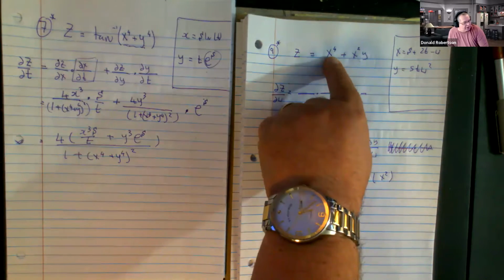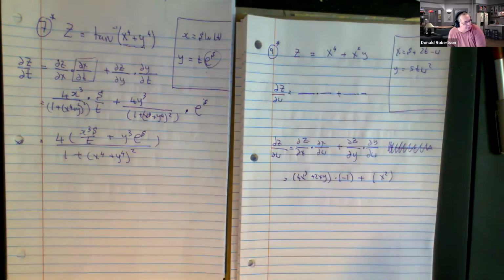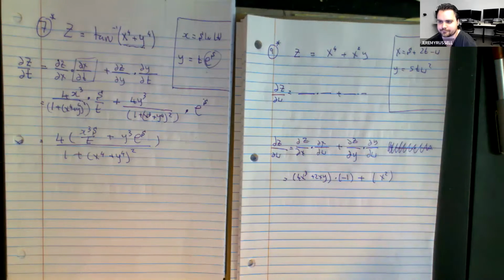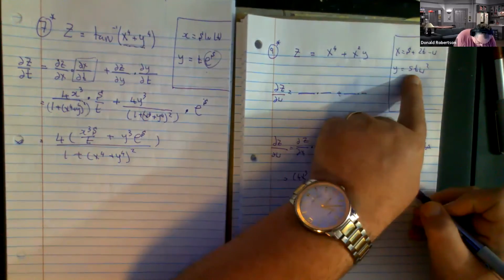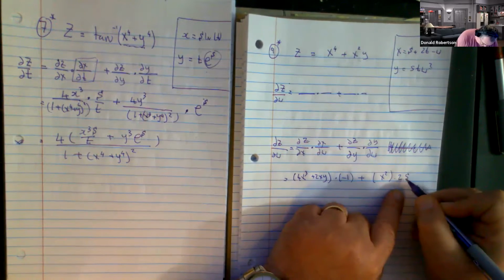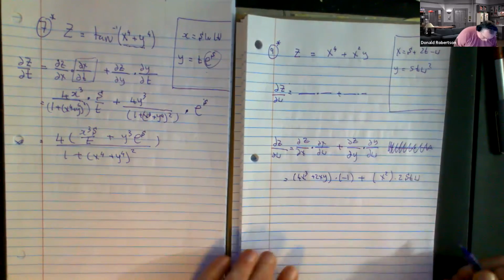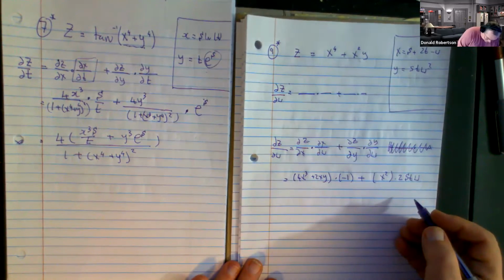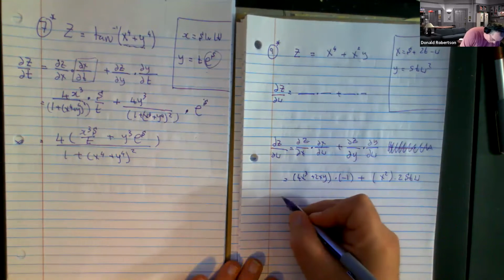What happened to the x to the 4 when I differentiated it with respect to y? It doesn't have y with it. Big fat 0, right? Doesn't matter. Finishing with this fella with respect to u gets you 2stu.